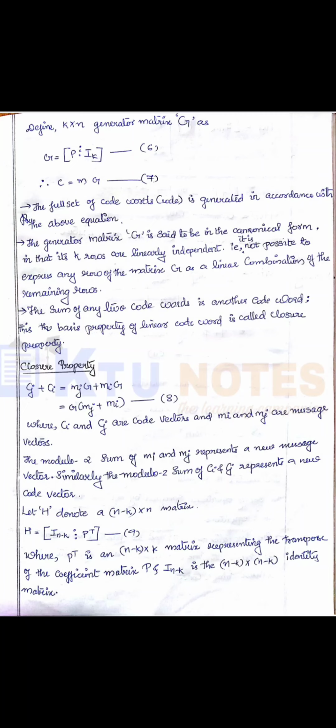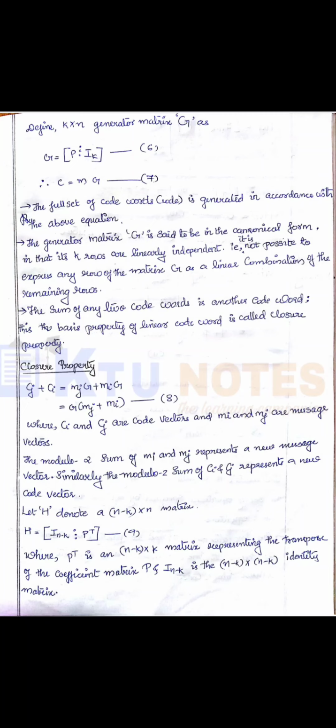The sum of any two code words is another code word. So the basic property of linear code words is the closure property, because if we add two code words, we get another code word. This is also why we call it a linear block code. Okay. So the closure property is, when we add two code words Ci plus Cj, we get miG plus mjG.